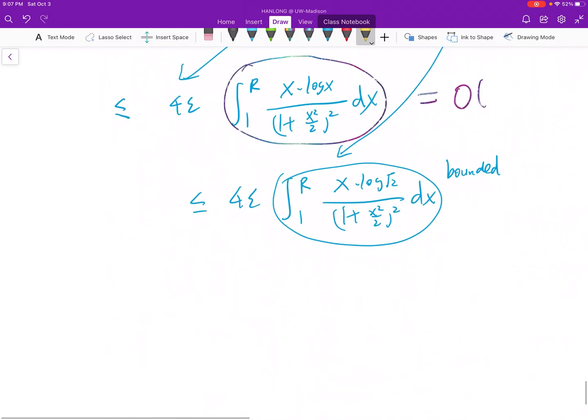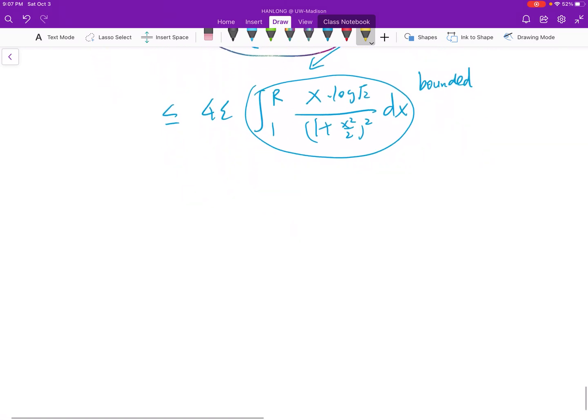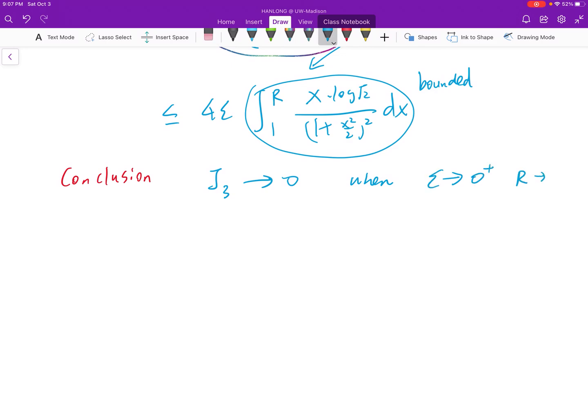Therefore, a small conclusion: J3 goes to 0 when epsilon goes to 0 plus and R goes to infinity.